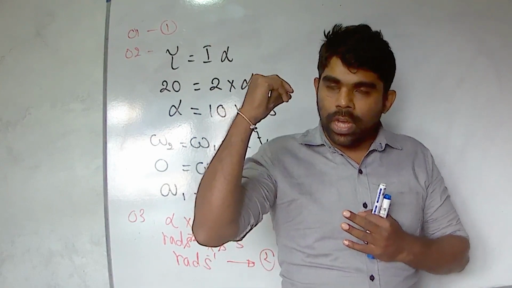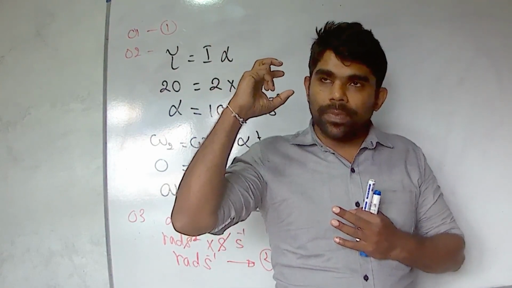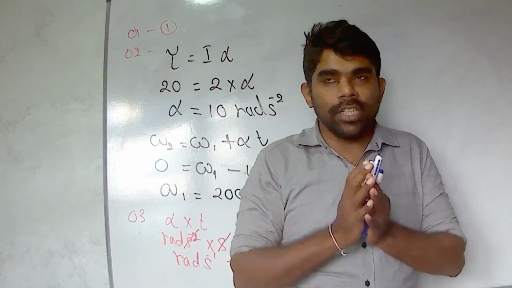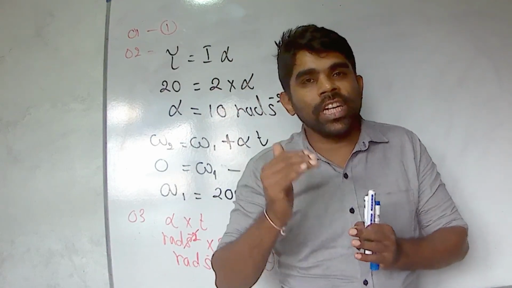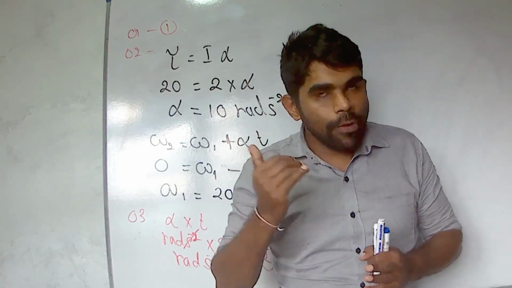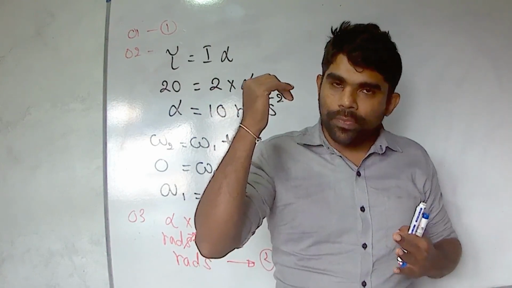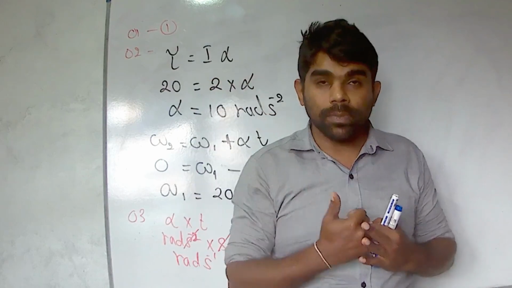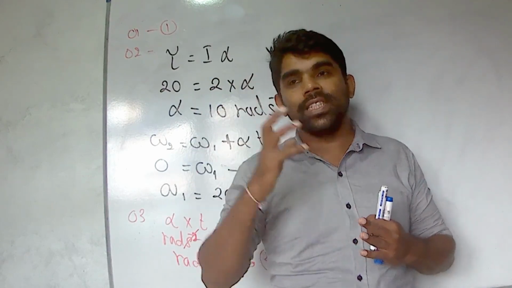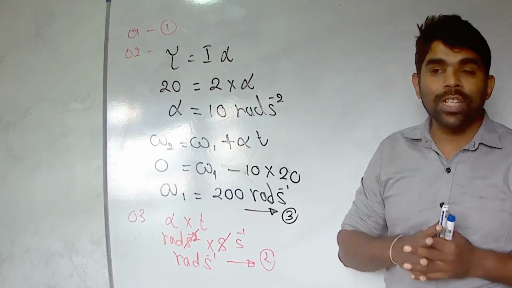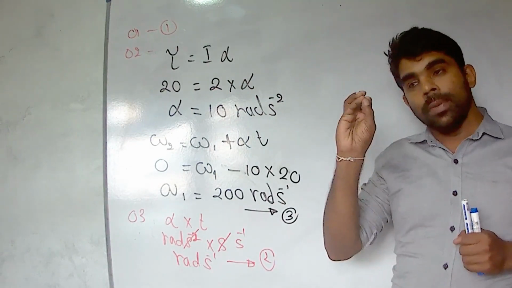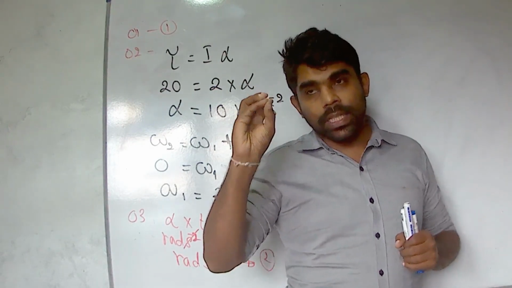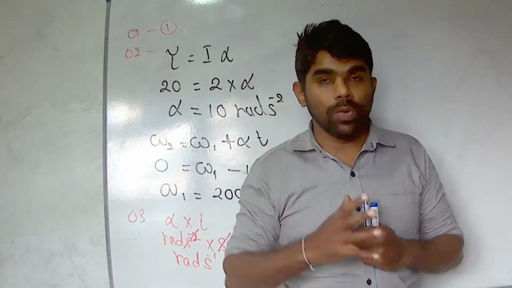And when an object is contracting, there is no external unbalanced torque. Therefore, we can consider that angular momentum should be conserved. If there is no external unbalanced torque on an object, the angular momentum should be conserved.